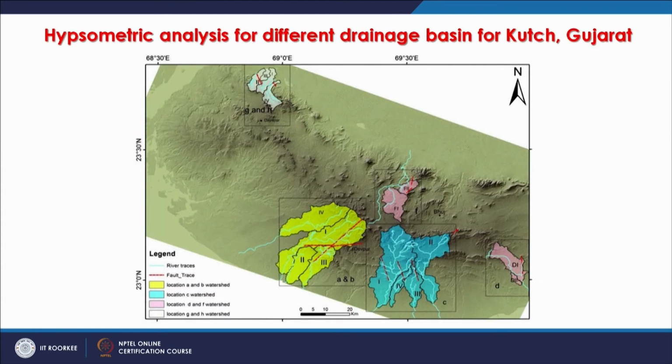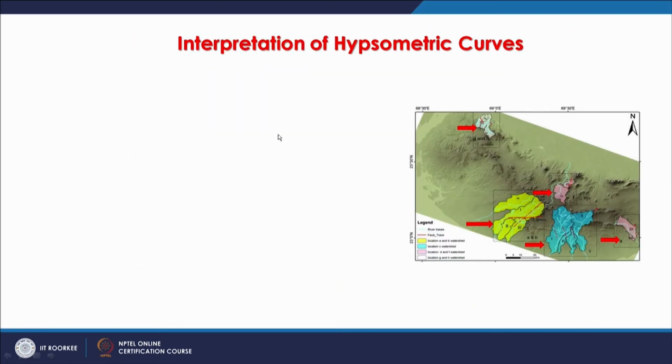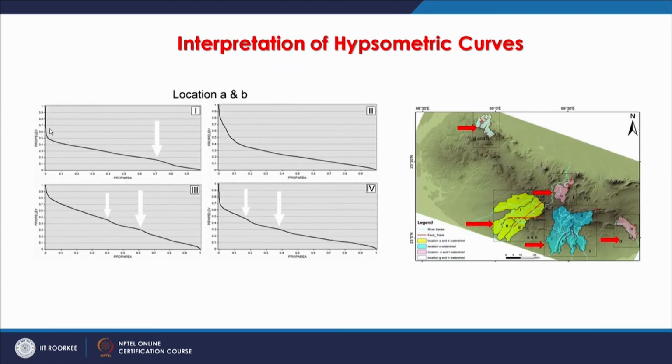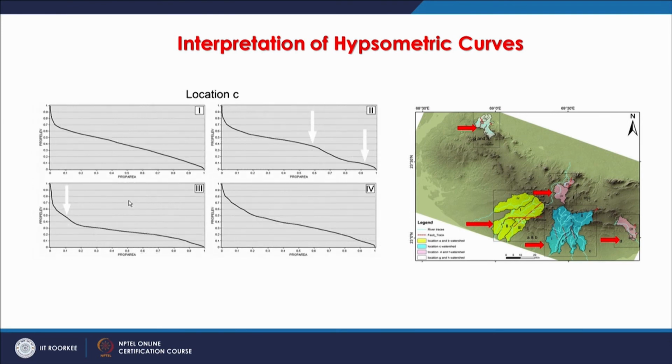Let's take a specific example. This is an example from Kutch, Gujarat. A few basins have been chosen for this analysis, and what we see here is that their hypsometric curves come out like this for all these basins, 1, 2, 3, 4, and these indicate how young or old they are.